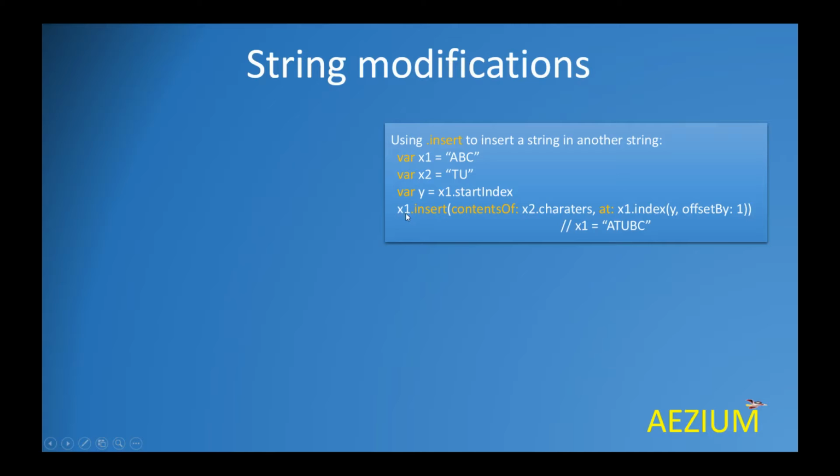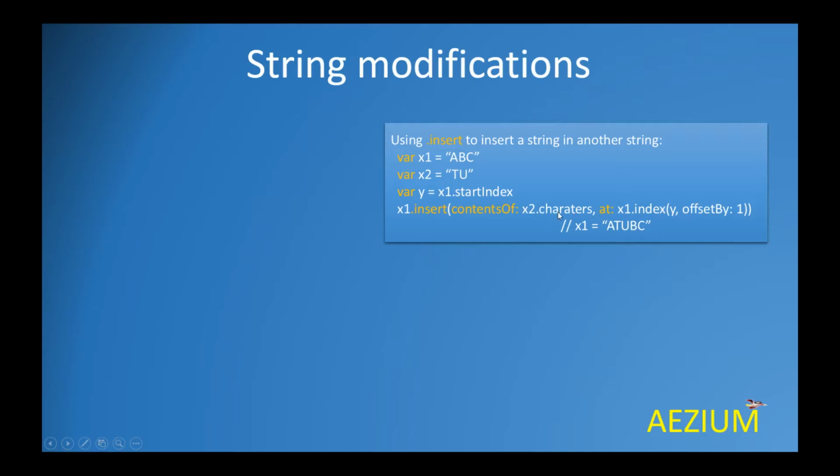So x1 is the string that we want to modify, ABC, followed by dot insert, a keyword again, and parentheses. Within the parentheses, we are going to have another keyword, contents of, followed by colon.